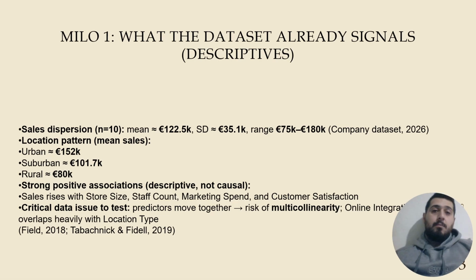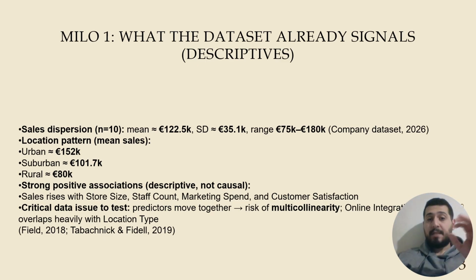Before running any model, descriptive statistics already give management useful signals. Across the 10 stores, average monthly sales are about 122,000 euros, but the standard deviation is high, about 35,000 euros, which confirms substantial dispersion.